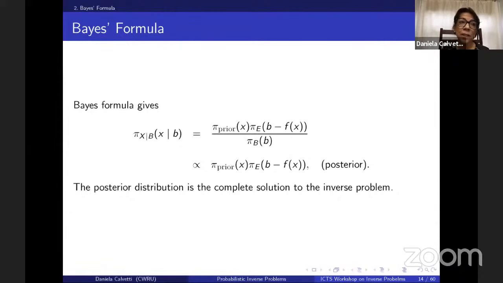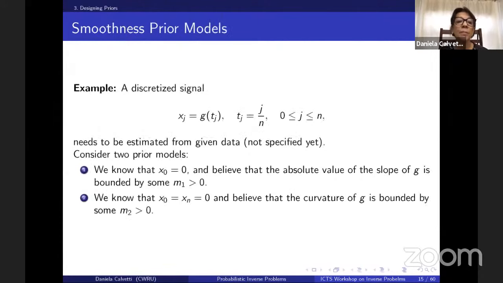Now, of course, if new data came, I would have to correct my posterior. Or if this is all the data that I have, this is really the complete solution to the inverse problem. So one thing is that the complete solution of the inverse problem in probabilistic terms is not a number, but a function. It's a distribution here.